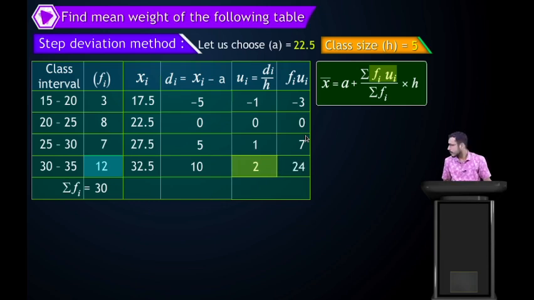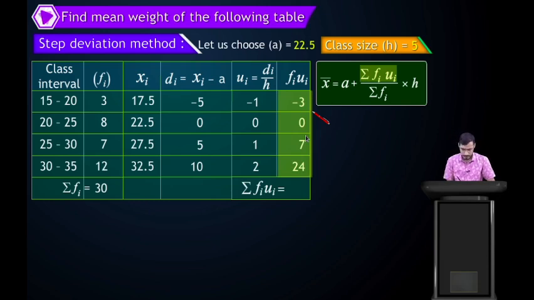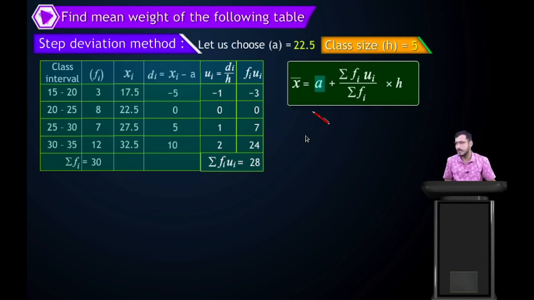Now find sigma fi ui, that means the sum of total observations here. So -3, 0, 7 and 24, add all. Add all positive numbers: 24 and 7 is 31, minus 3, so we get 28 here.